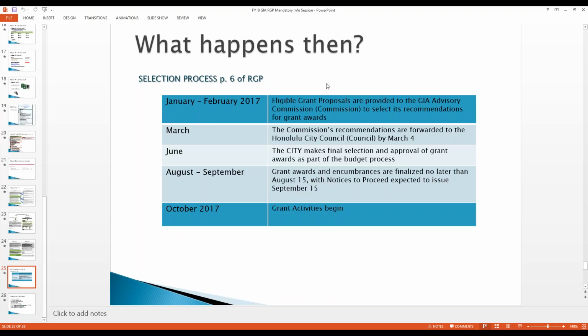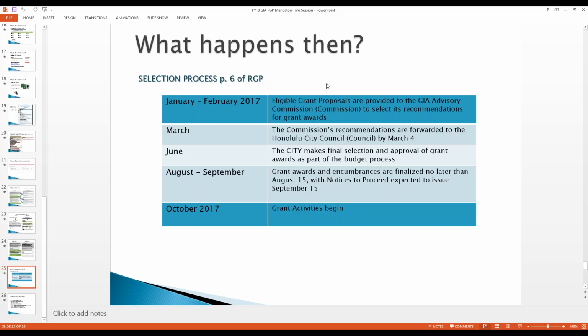Between January and February, the Grants in Aid Commission will meet, start assigning scores, and recommend grant awards. We heard from the GIA Commission that they do encourage you to attend those meetings, and they give you an opportunity to testify about your program.